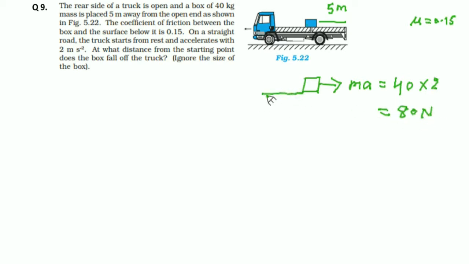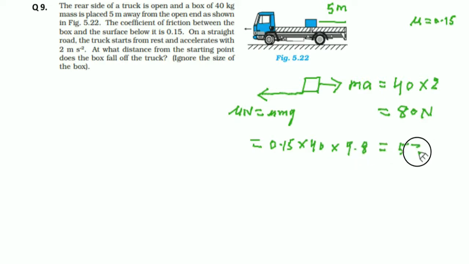Let's find the friction force here. How much friction force will act? Mu into N, that is mu into mg. So mu into mg equals 0.15 into mass, mass is given 40 kg, g you can take 9.8. So this will be 58.8 Newton.